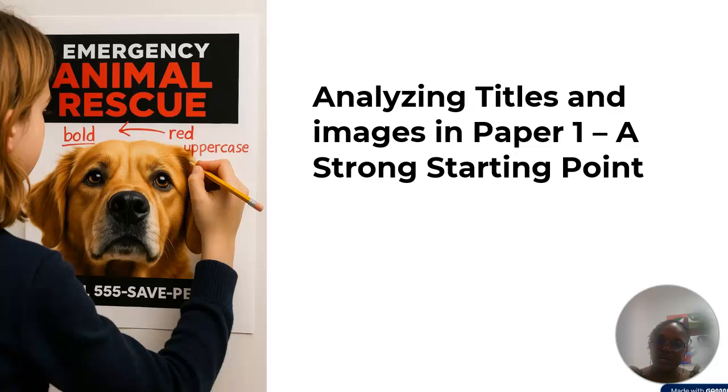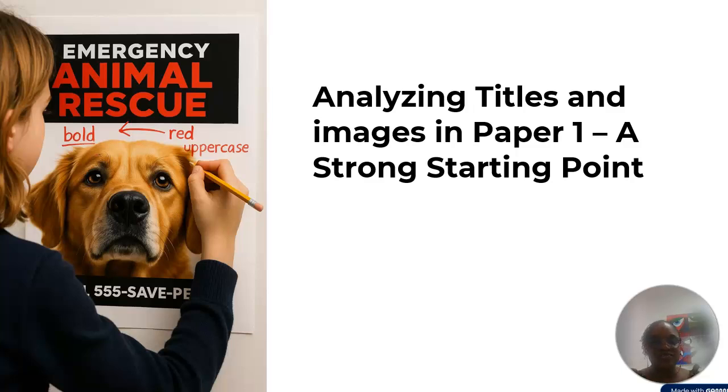When you're looking at a charity appeal or a travel brochure, the title often gives you a glimpse or foreshadows what the text is about. It often holds the key to understanding the purpose, the message, and the target audience. So when you're under pressure in the examination, the title is a smart place to start.